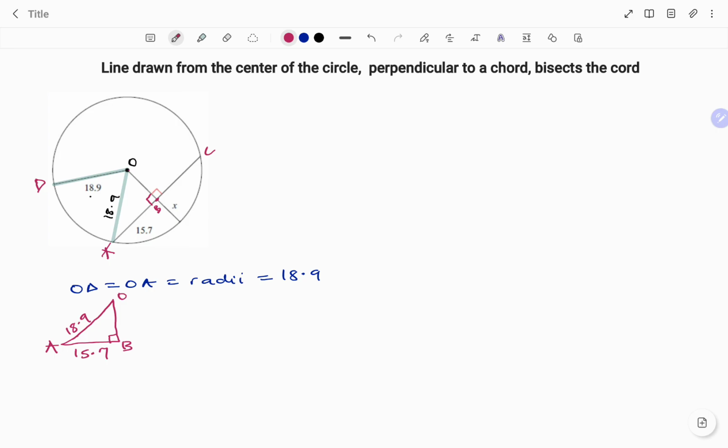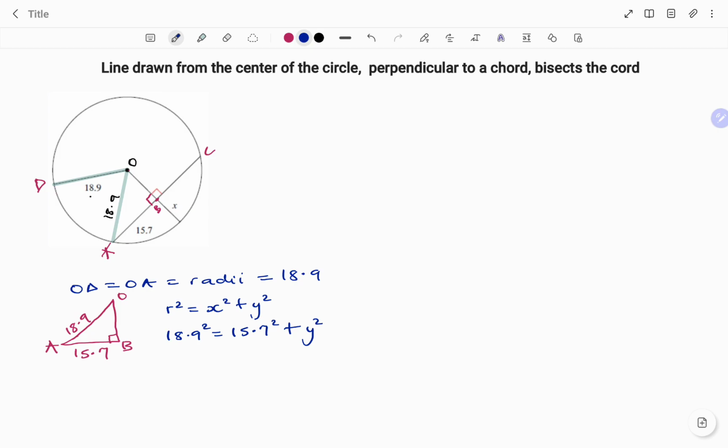To find OB, using the Pythagoras theorem, I have the hypotenuse, that's the r squared, equals my x squared plus my y squared. My r squared in this case is my hypotenuse, so I have 18.9 squared equals 15.7 squared plus y squared.